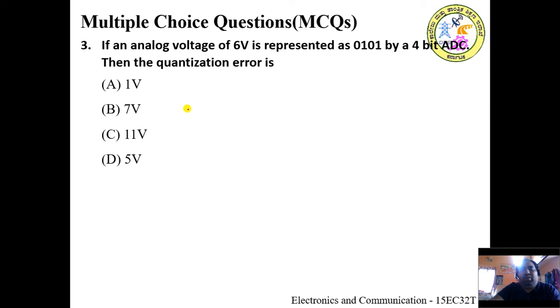So here the quantization error is nothing but, the given analog voltage is 6 volt and it is represented by the binary sequence 0101, whose decimal equivalent value will be 5. So if you subtract 5 from 6, it will give you a value 1. So the quantization error is equal to 1. The option A is the answer.